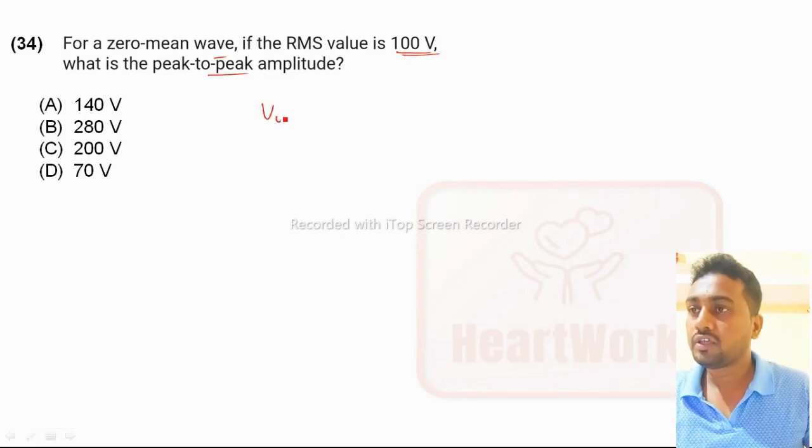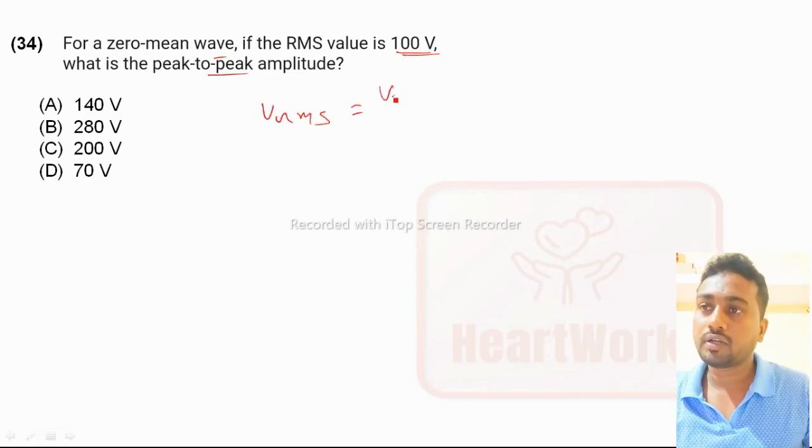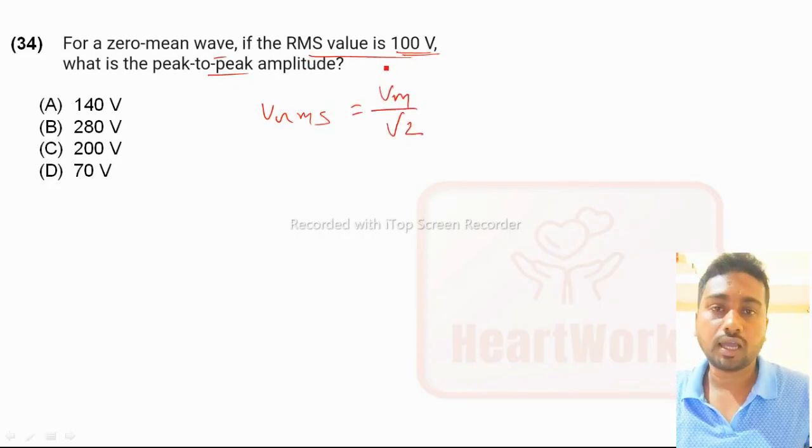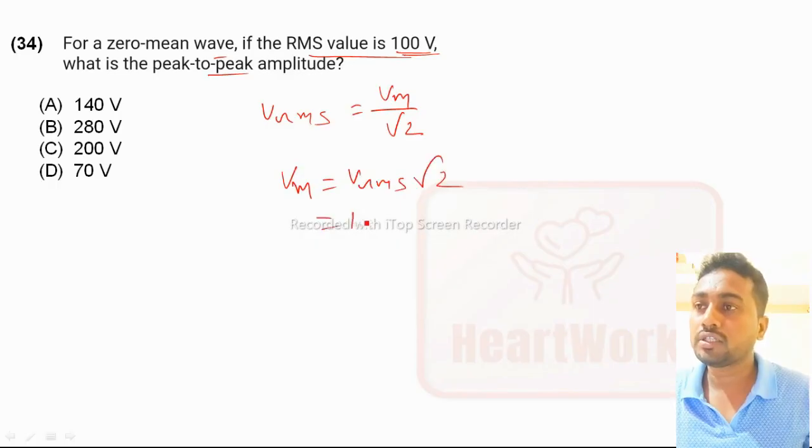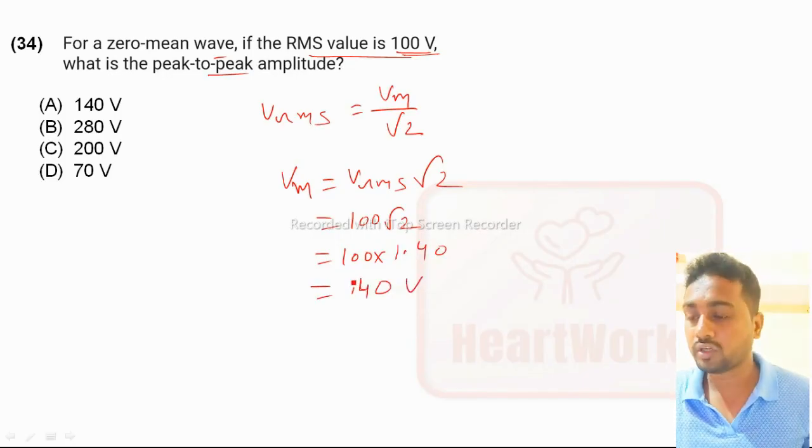Now Vrms equals Vm by root 2. Here we already have the Vrms value and we have to find Vm. So Vm equals Vrms times root 2. Vrms is 100 volt, so 100 root 2, and root 2 value is 1.4, so 140 volt. Vm is equal to 140 volt.